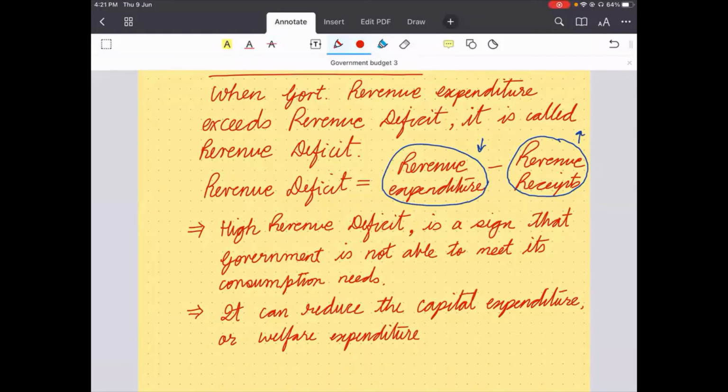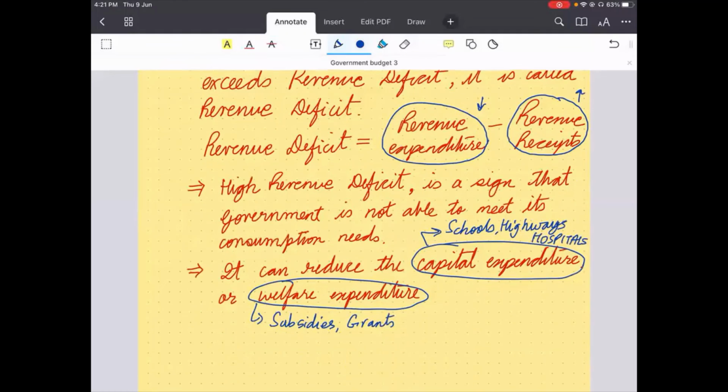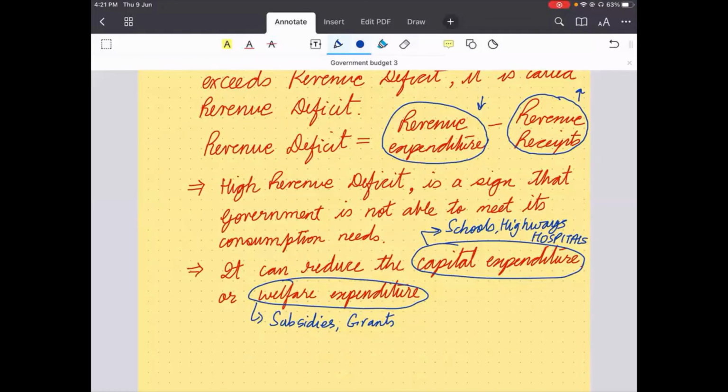Capital expenditure, we can just quickly pitch in, when we say capital expenditure: schools, highways, hospitals, okay? Or welfare expenditure, we can say, like when government is subsidizing poor people, giving subsidies to poor people, or grants, scholarships to students of backward communities or economically weaker sections.